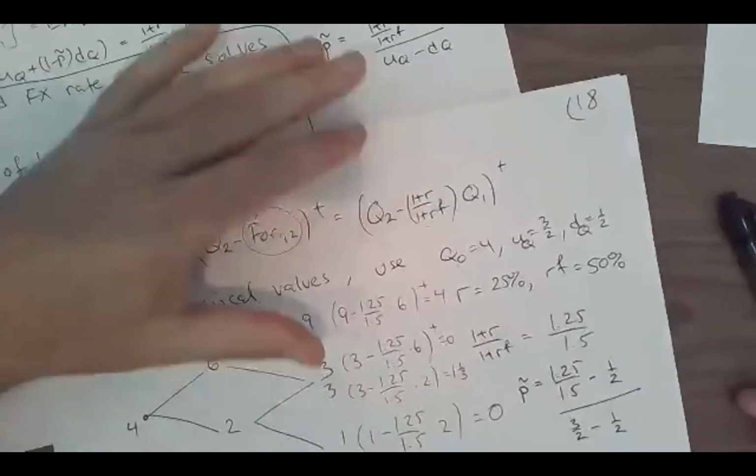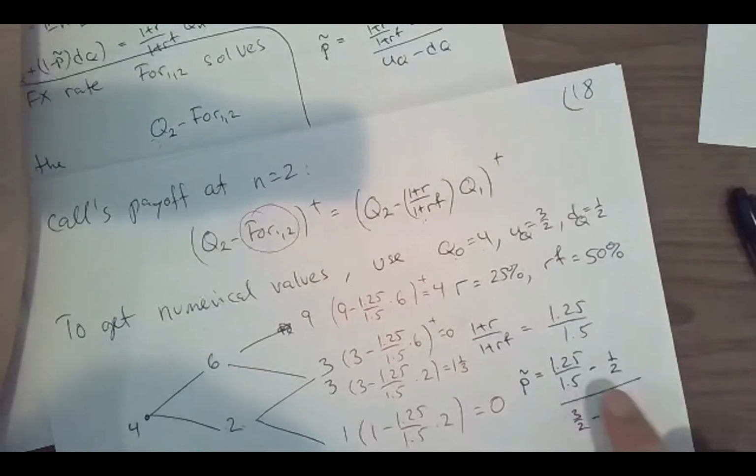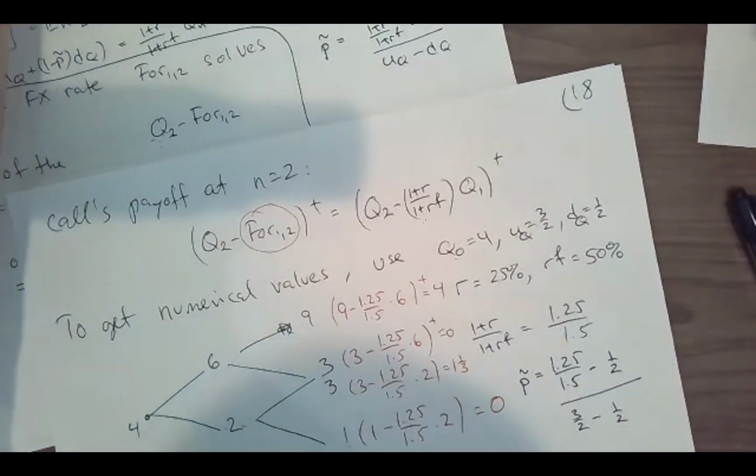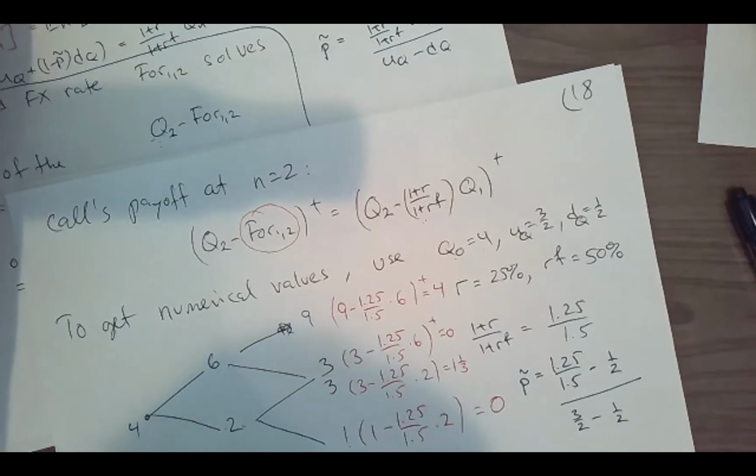So what do we get here? Bottom one is 1, top one is 1.25 minus 1.5. Something is way off with these numbers here.